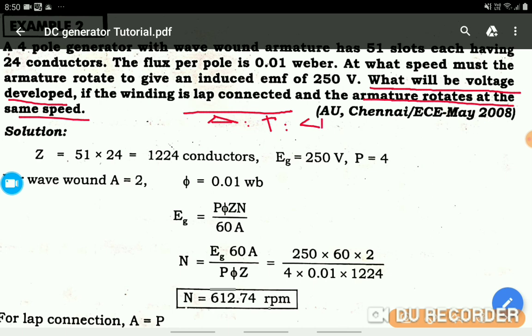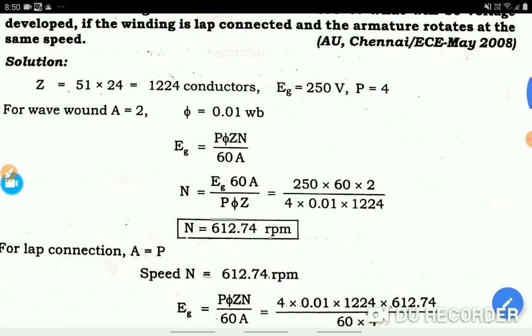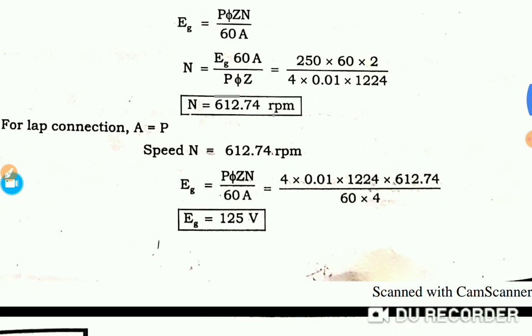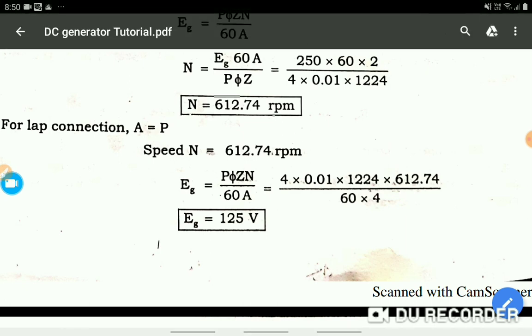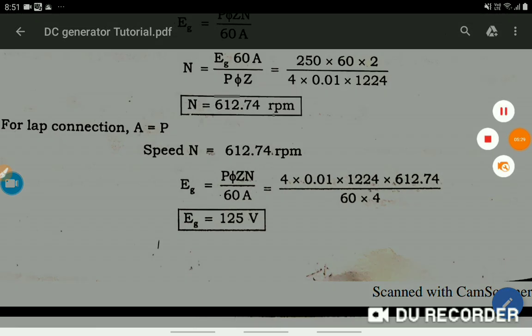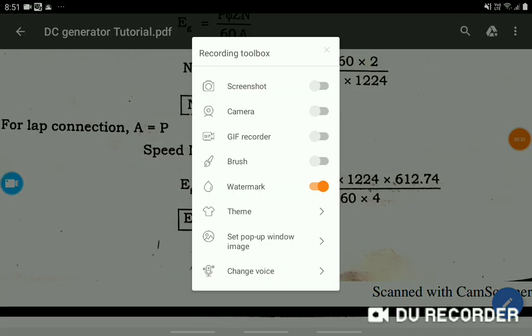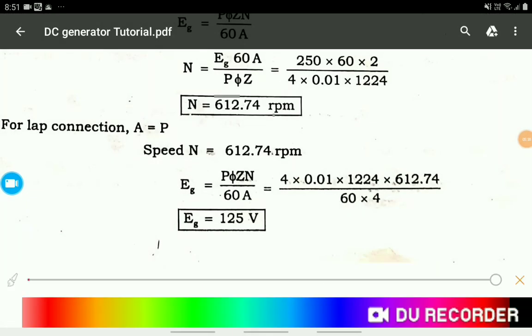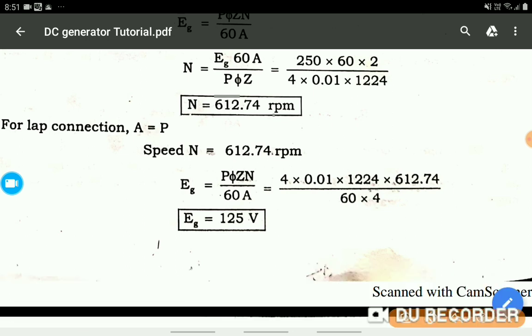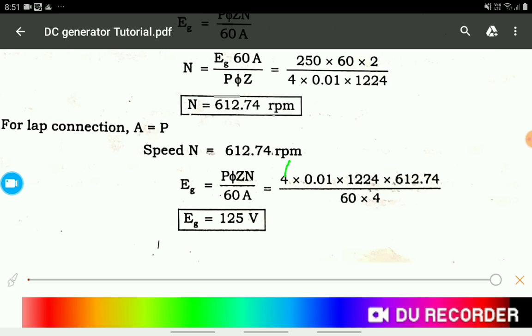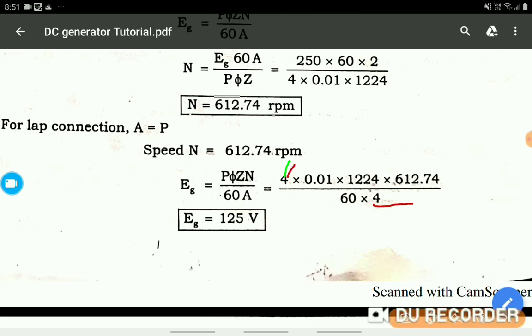The armature speed that we calculated in the previous section is N equal to 612.74. The number of poles is P equal to 4, and because of the lap connection, A equal to 4.